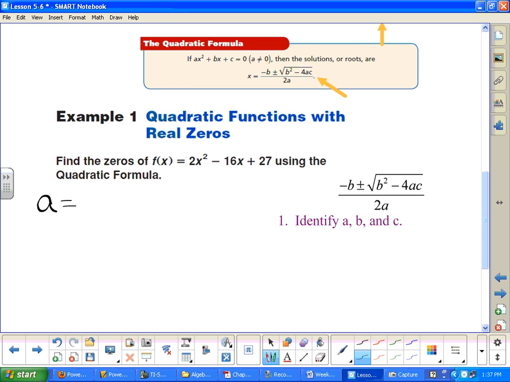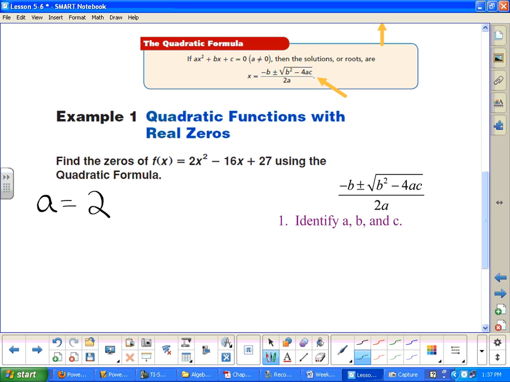So for this problem, what's a? Okay. A is just the coefficient of x squared. So a is 2.